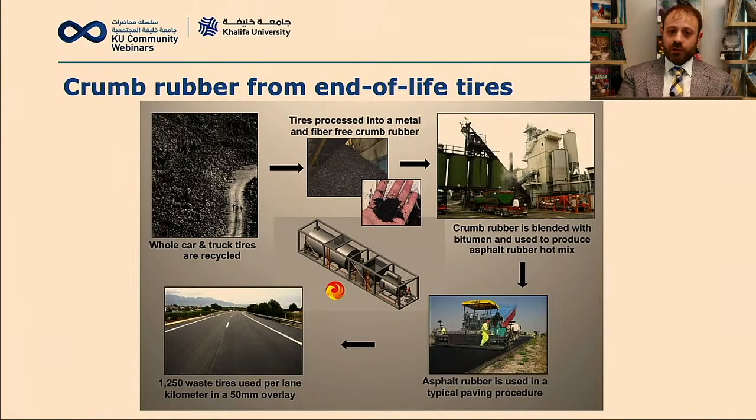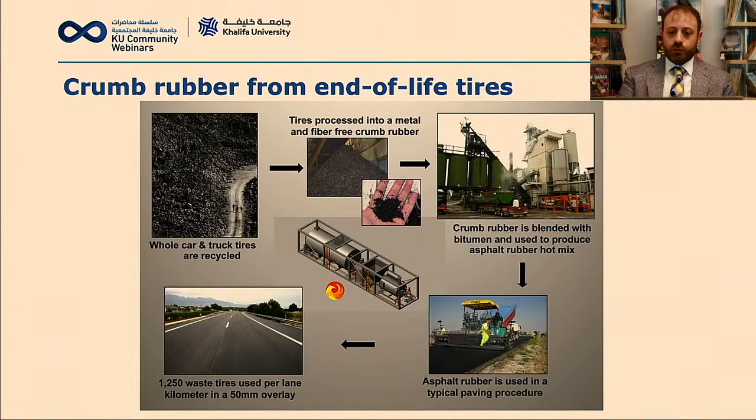So the old tires can be reused for other purposes. So the first thing we do is we take the whole car or truck tires, we remove from the tires the metal parts or the fibers that are inside and compose the whole tire, and we grind basically the tire and reduce to a powder.